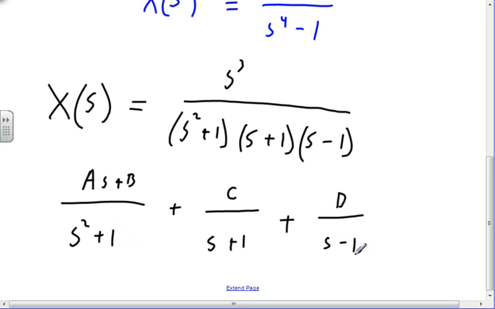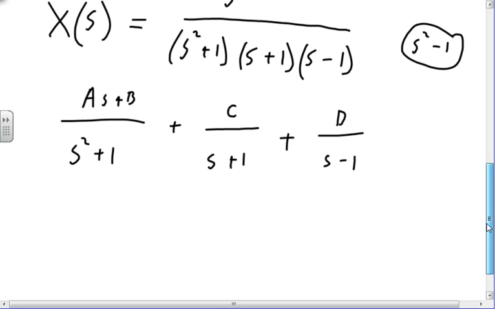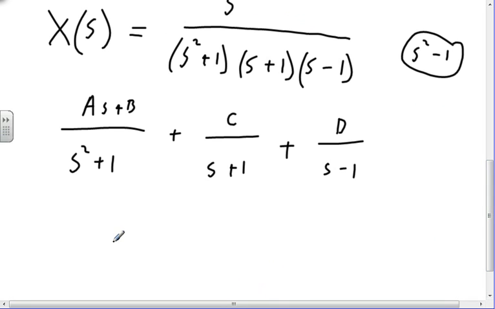This is the perfect time to have a 4-equation, 4 unknown spreadsheet on your computer ready to go, right? Yes, it could very well be. It's hard to say, but it could very well be. Now, if I multiply those together, I'm going to have s squared minus 1, right? So I'm going to remember that. All right, so here we go. Putting everything back underneath where it belongs.